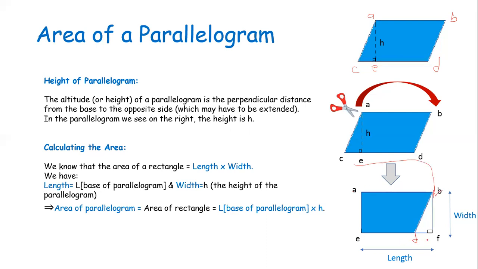Now the area of this rectangle is nothing but the area of the parallelogram. Why is that? Because if we want to calculate the area of this rectangle, it is equal to the length multiplied by width. The length is EF multiplied by width, which is the length of FB.